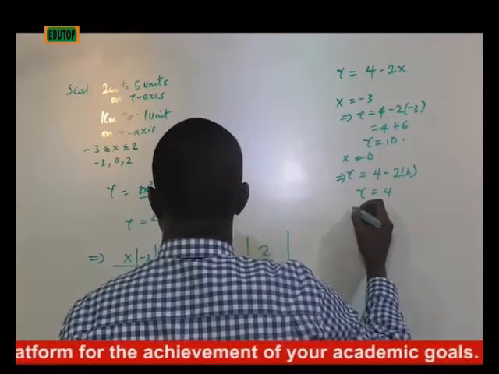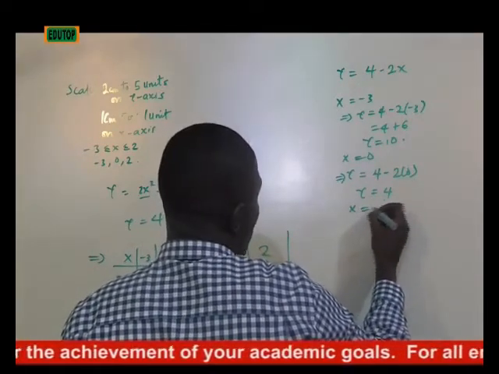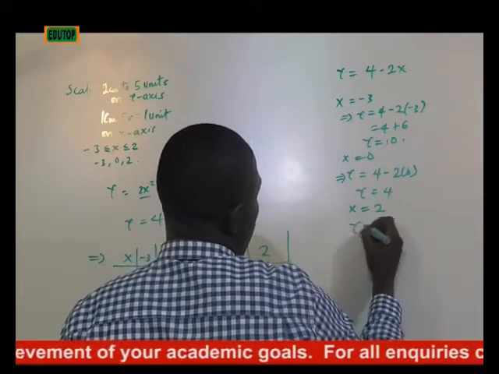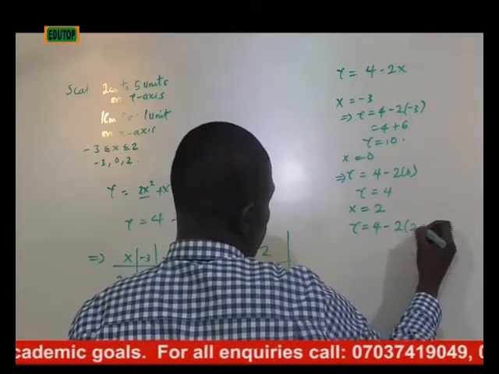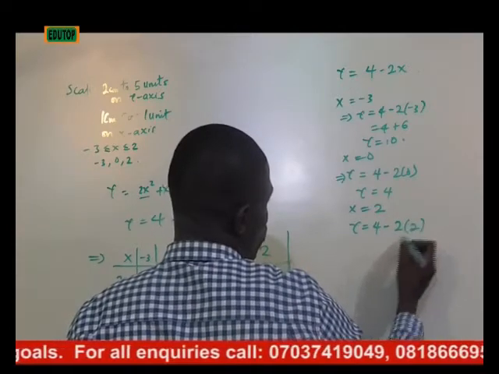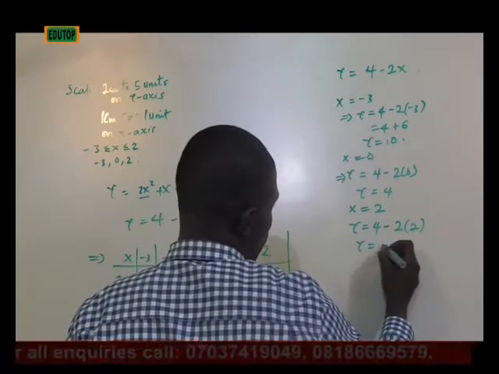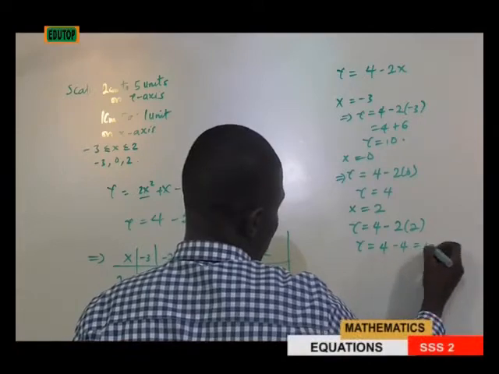Then when x equals 2, y equals 4 minus 2 into 2, then y equals 4 minus 4, and that is 0.